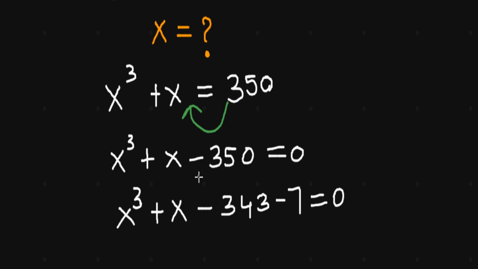We can write minus 350 as minus 343 plus minus 7, which is equals to minus 350. So x cube plus x minus 343 minus 7 is equals to 0.